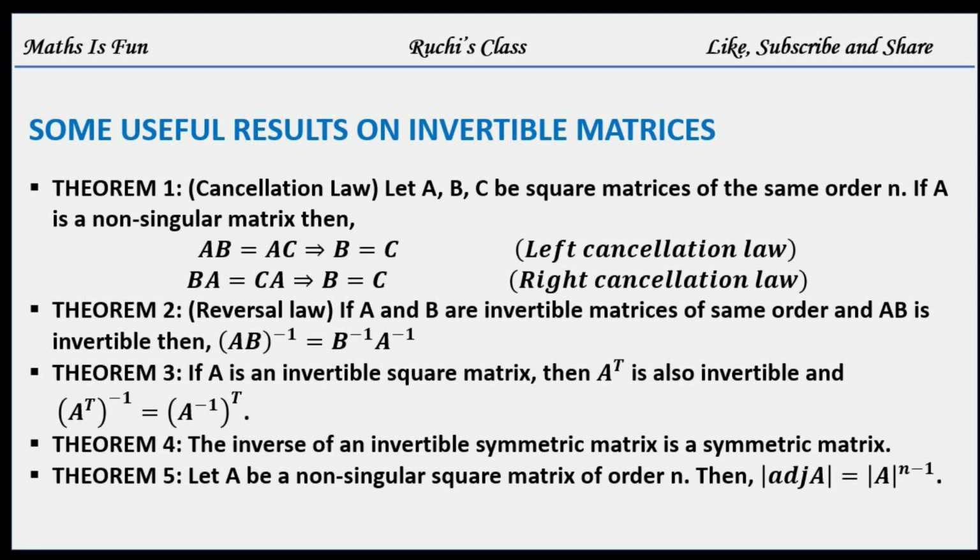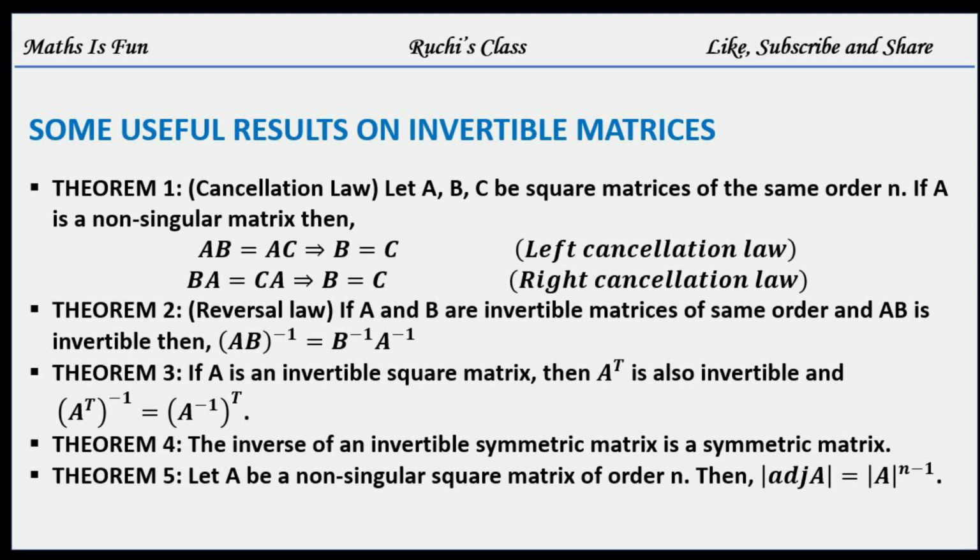Now next is the reversal law. If A and B are invertible matrices of the same order, then (AB) whole inverse is equal to B inverse A inverse. Next, if A is an invertible square matrix, then A transpose is also invertible, and (A transpose) inverse is equal to (A inverse) transpose.